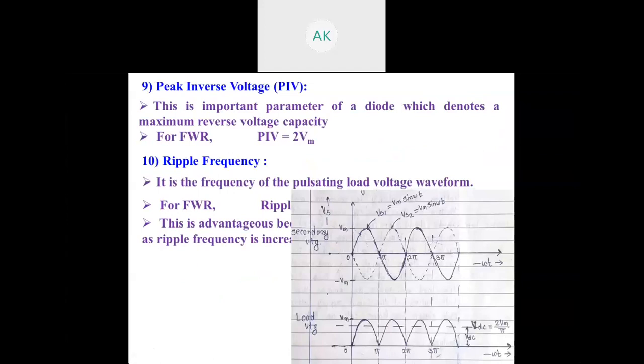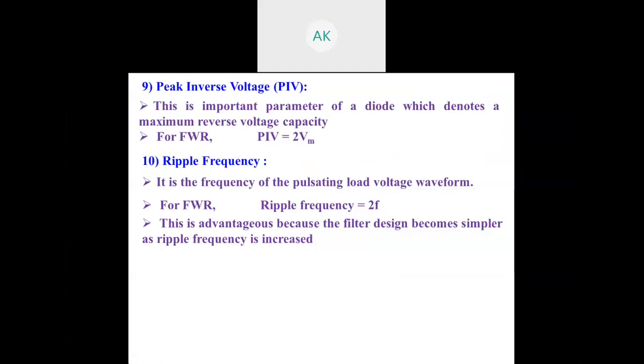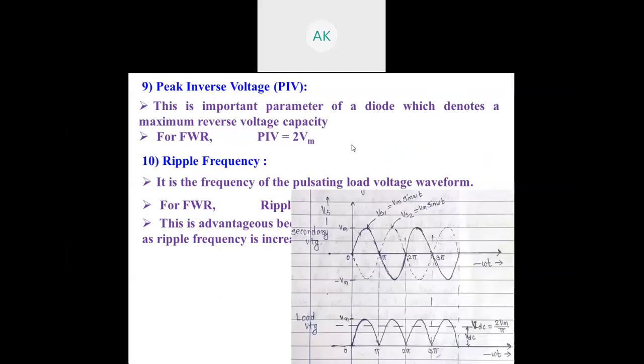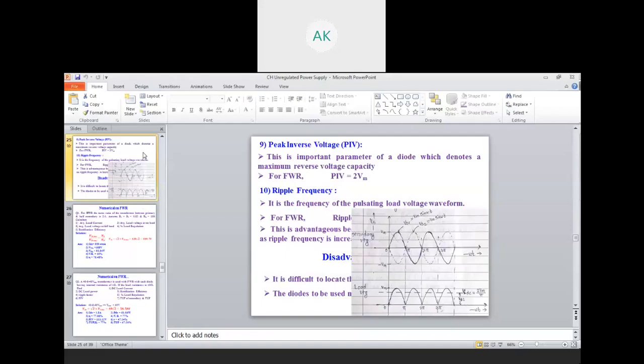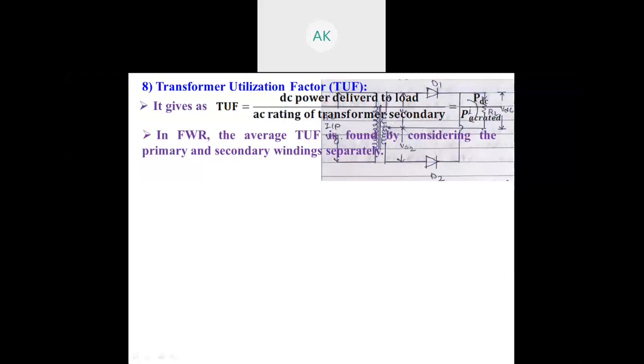If we consider this one as the circuit diagram, during the positive half cycle, diode D1 is conducting and diode D2 is non-conducting.